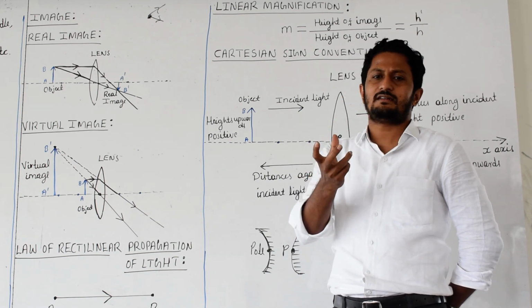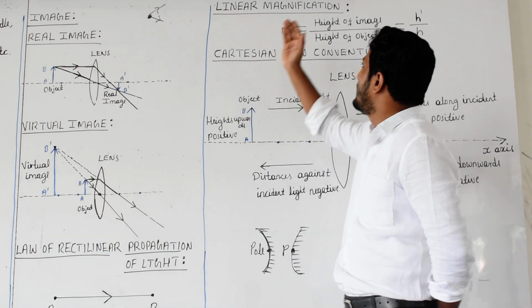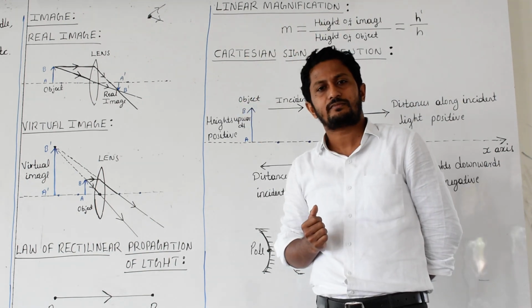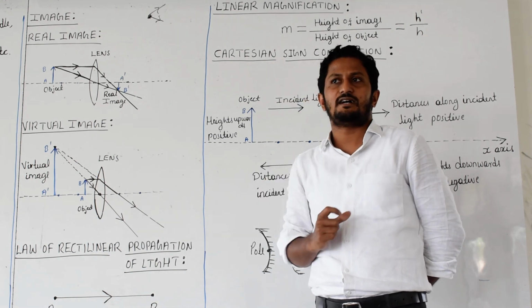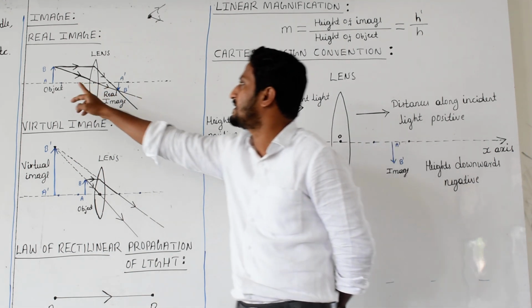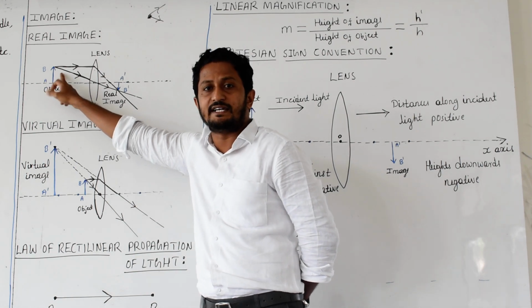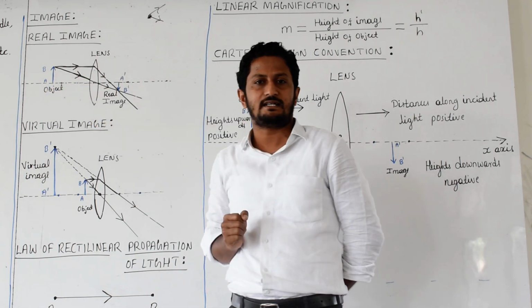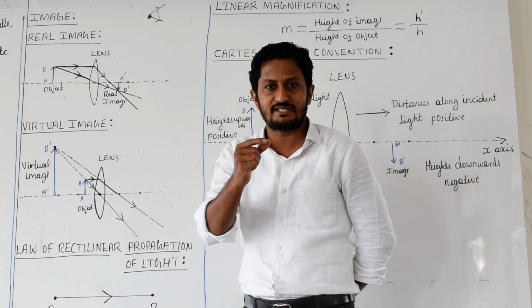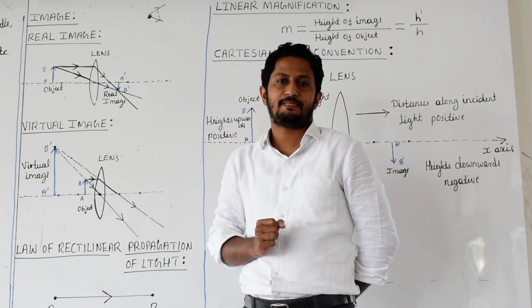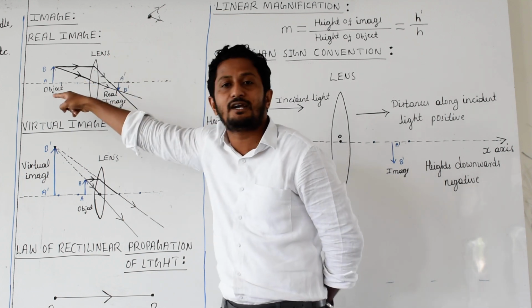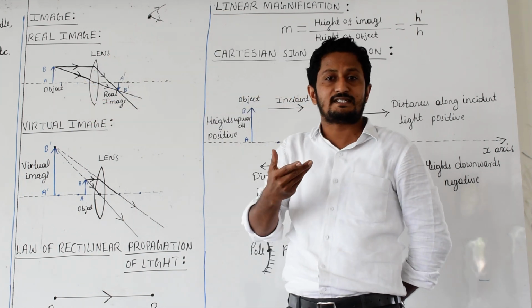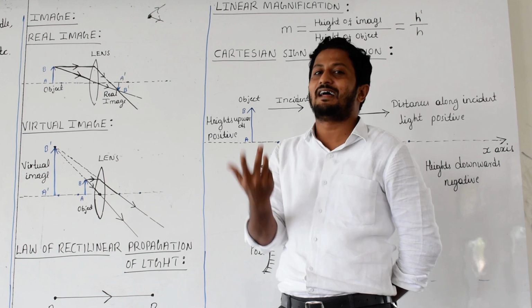In this magnification section, after getting the image, if the height of the image is lesser than the height of the linear object, then we call the image diminished. If the height of the image is greater than the object height, then we call it magnified or enlarged.